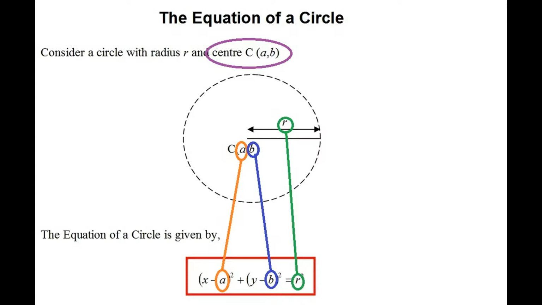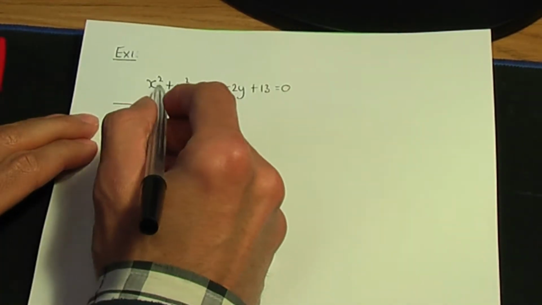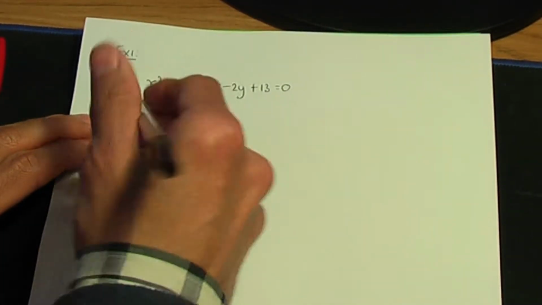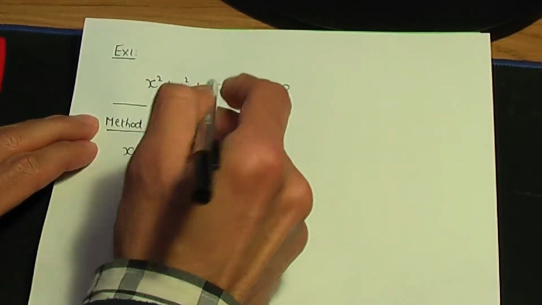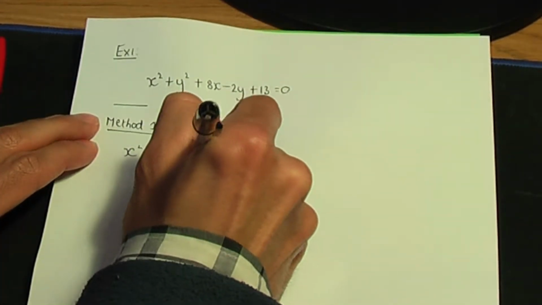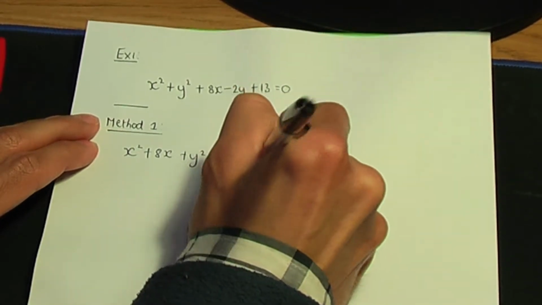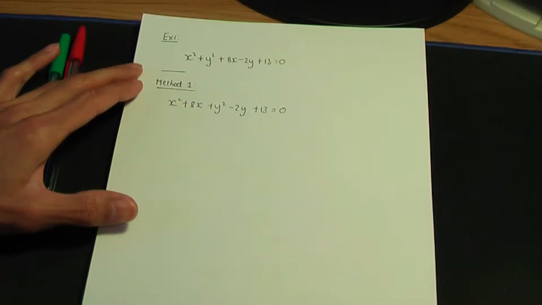If we go back to the paper and pen, to make it in this form, let me write this x squared term, and bring this 8x term beside it, and let me also take this y squared and the minus 2y term, keeping the 13 to the side.